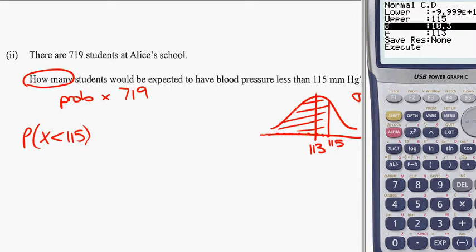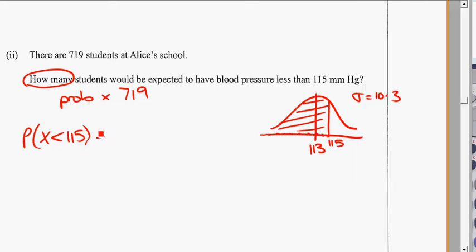Everything else stays the same. We get 0.5769. We're going to multiply that by 719, so that's just over 50% chance of a student having a blood pressure less than 115. Closer to 60% of students actually, which is what it looks like.